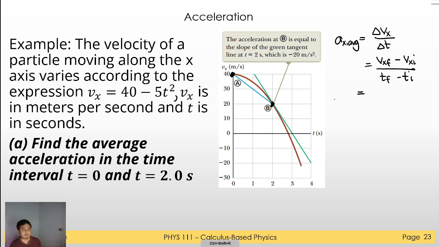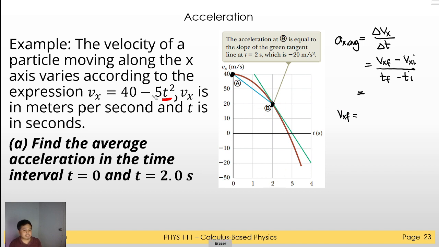So this is equal to, we have a given here. Actually, you can compute this, or the graph already explains this, we can also do that. Okay, so let's find this anyway. Let's not solve this yet. So the VXF, the final velocity, is when the time is equal to 2 seconds.